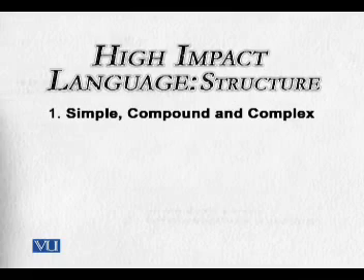Now, what do we actually understand from high impact sentences? We understand three things. Use simple sentence for maximum impact. Use complex sentence for high impact and variety. And number three, use compound sentence if you want to lower impact in your writing.